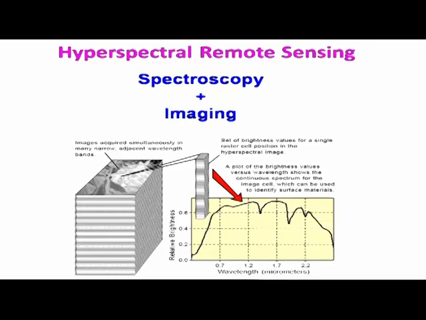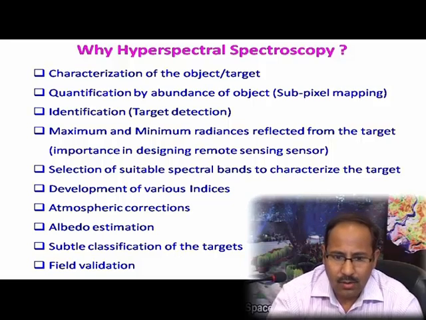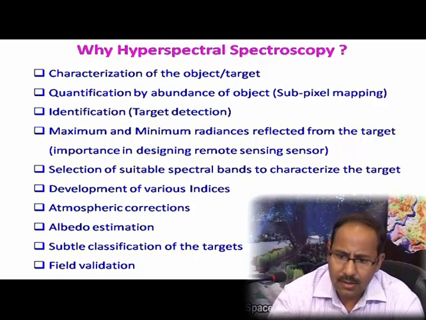So what's the use of hyperspectral spectroscopy? As I've said, in the hyperspectral data you can characterize the object, you can quantify, you can identify various targets. But apart from that, from hyperspectral spectroscopy you can design your remote sensing sensor based on the maximum and minimum radiance reflected from the target.